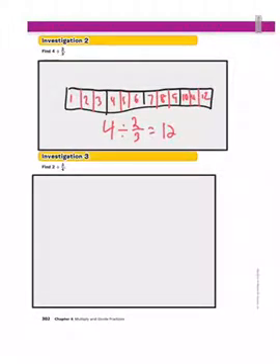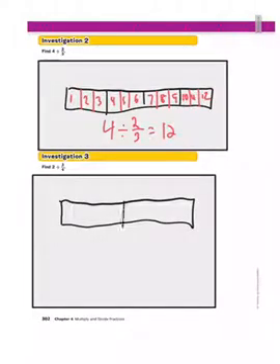And I'll show you one more before we try some. So in this next one it says find 2 divided by 3/4. All right, now this one might be a little tricky. First off, I'm going to start with my bar, and I'm going to split it into 2. That represents my 2 wholes. Now I'm dividing it into 3/4.